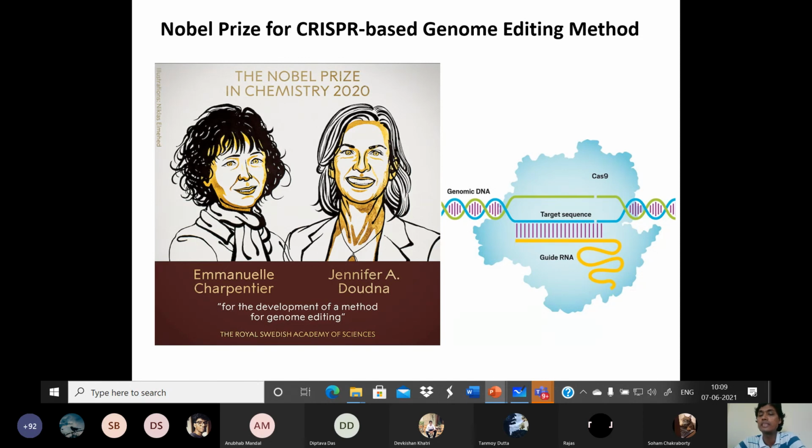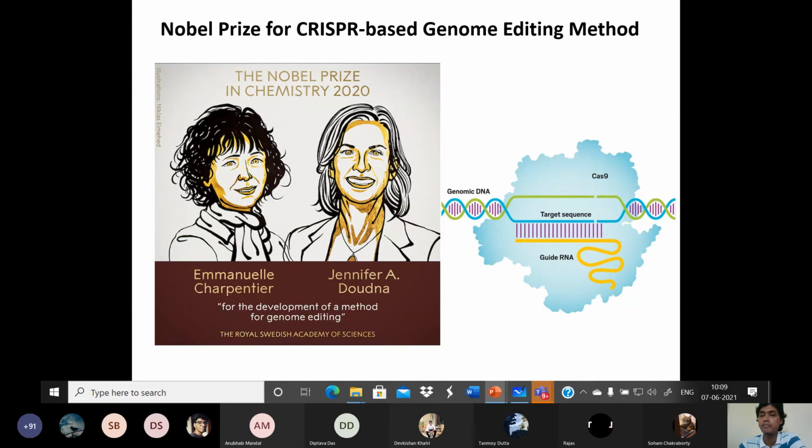I'm not going into the details of their discovery, but they discovered something so that you can edit genetic information more precisely and more quickly.